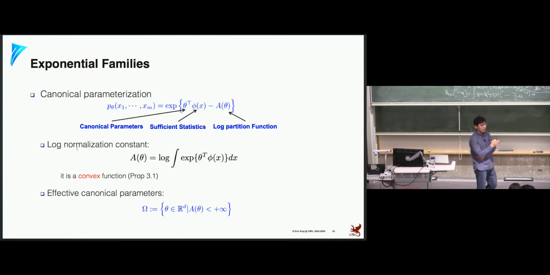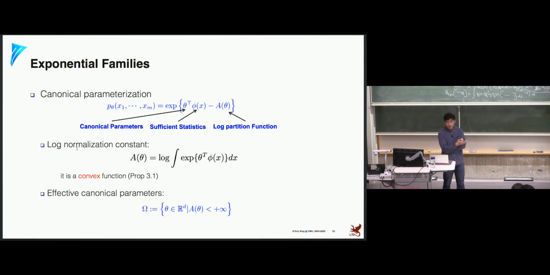It doesn't depend on x. The only part that depends on x is in the sufficient statistics function. The phi of x is actually a collection of d functions, phi1, phi2, phi3, all the way to phi d, and correspondingly, theta also has d dimensions, right?